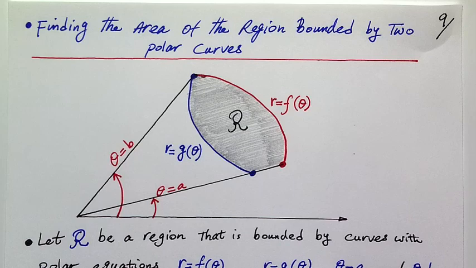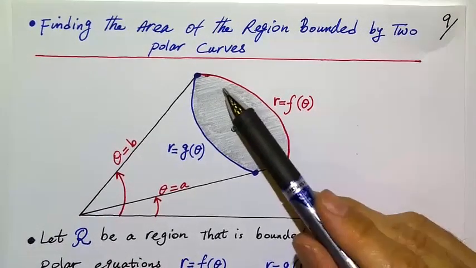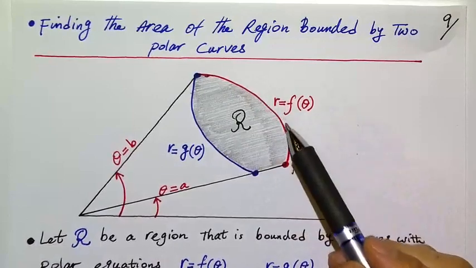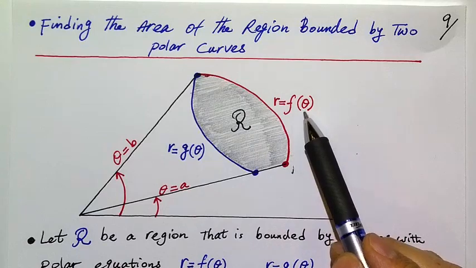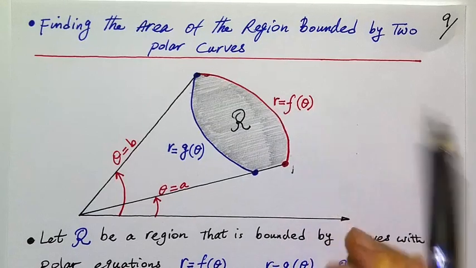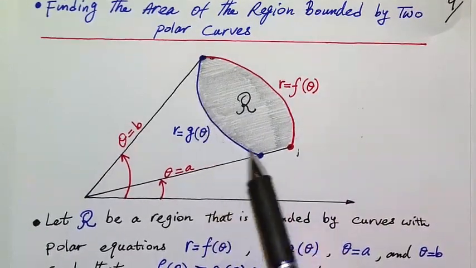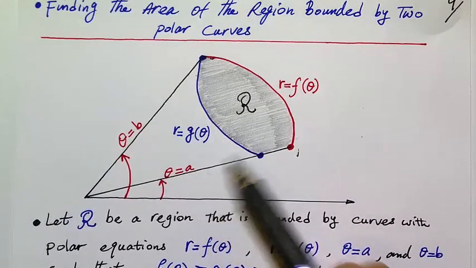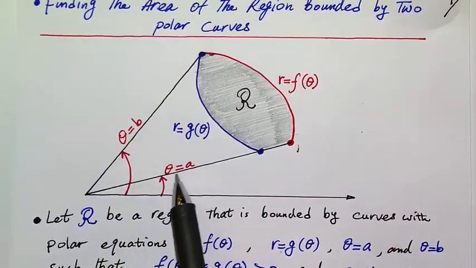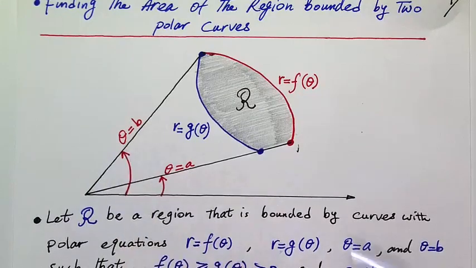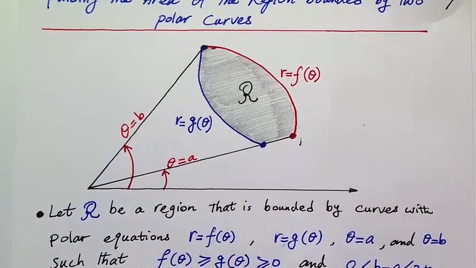So for the sake of our formula, let's call this top or higher curve f of theta, and then the other one, the lower curve, g of theta. And let's say we want to integrate from theta equals a to theta equals b.